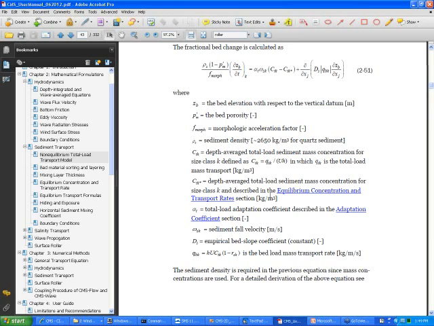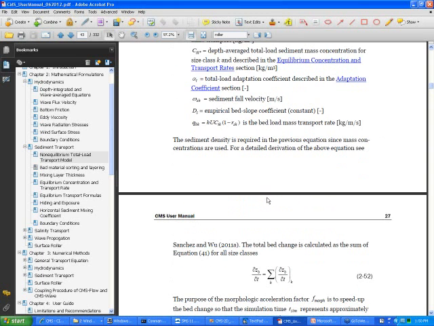The model is fast enough that we can simulate in real time, and that way you don't need to worry about additional error introduced by this morphologic acceleration factor. It's really only valid when you have periodic conditions, when you have forcing that's cyclical. Otherwise, it's not realistic at all.